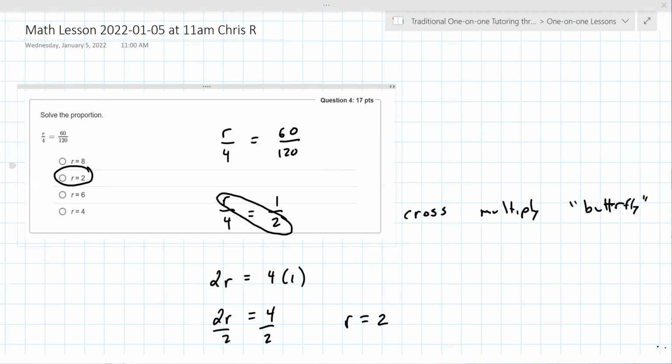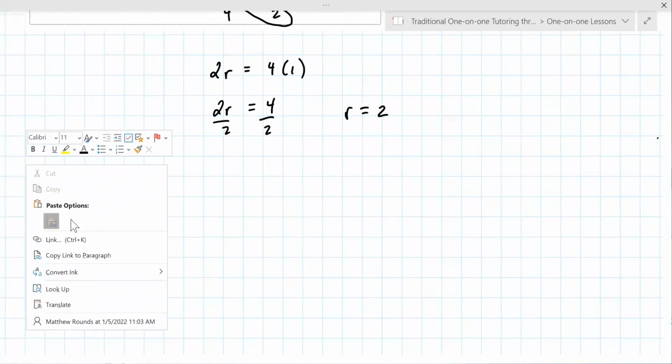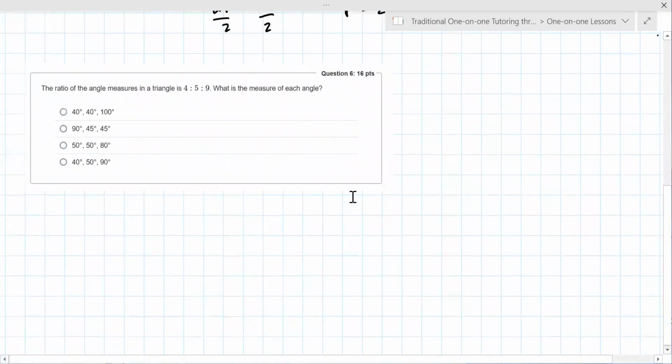So here's a question we've actually done a couple of times in your previous semester. I don't really think it's a proportion, but it says if the angle measures in a triangle are 4, 5, and 9, we'd have to multiply those angles by 10. Well, you could.